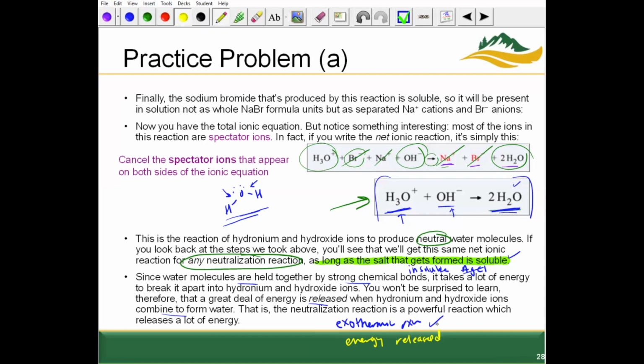That means it would take a lot of energy to break apart water into these respective ions again. So that's why we have this forward direction arrow here. These will form water, but the reverse reaction is very much not as likely to happen.